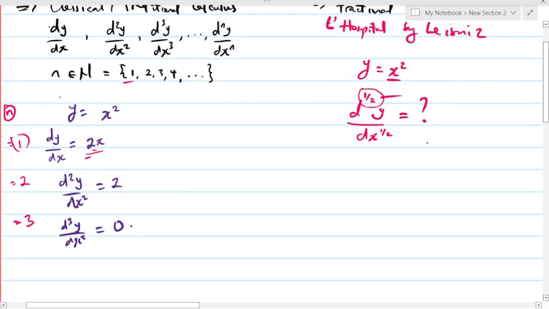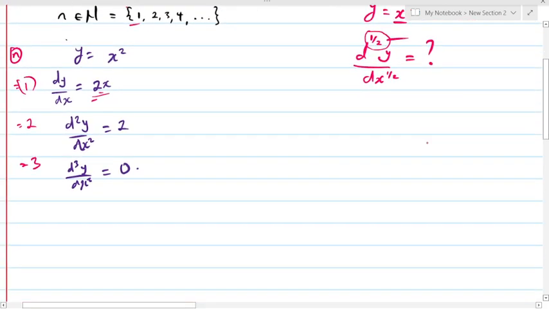Alright, to illustrate this better, let me make a graphical explanation of this so that you can have a better insight of what this course entails. Okay, so if y equals x squared, if you want to plot the graph, we have something like this.